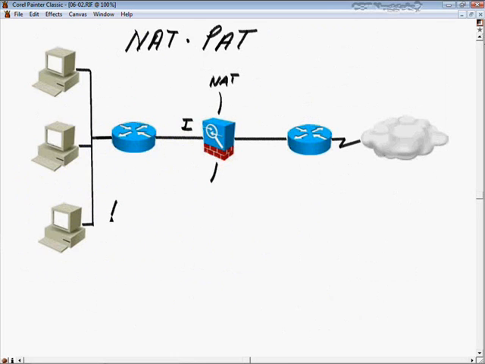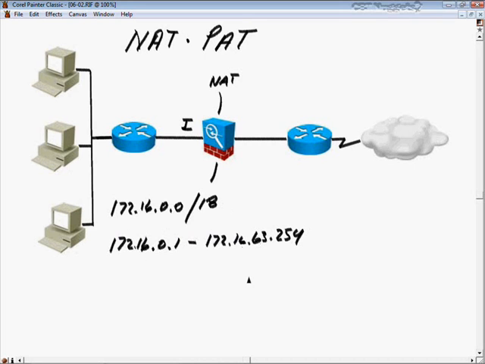For example, we can use 172.16.0.0/18, which means our address range is going to be 172.16.0.1 as the first available address through 172.16.63.254. Okay, this is our range.